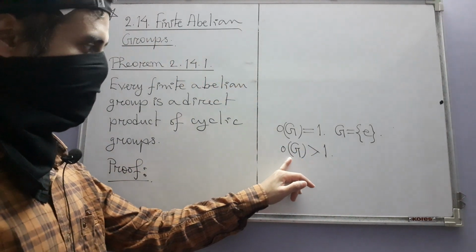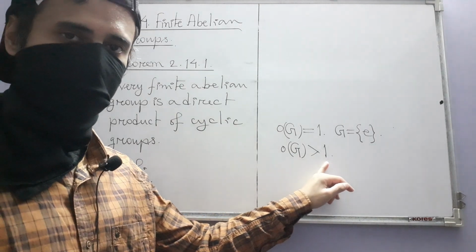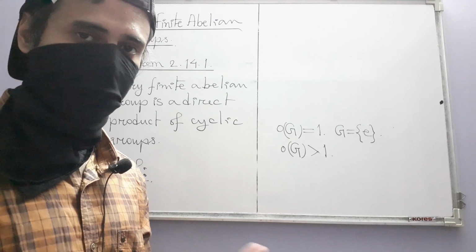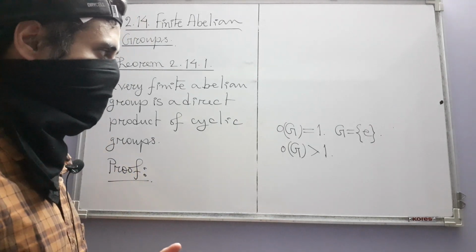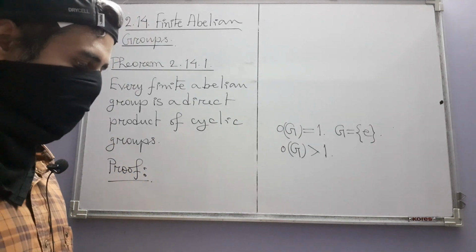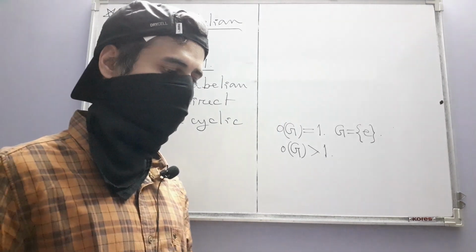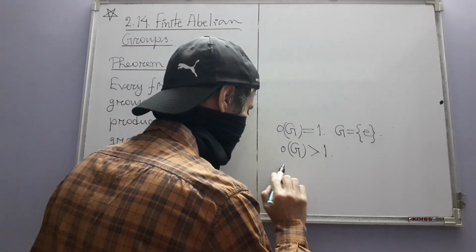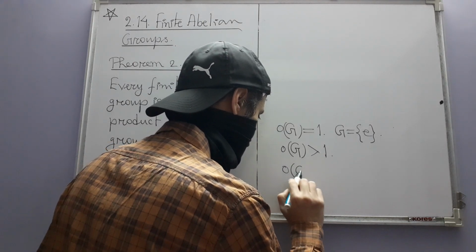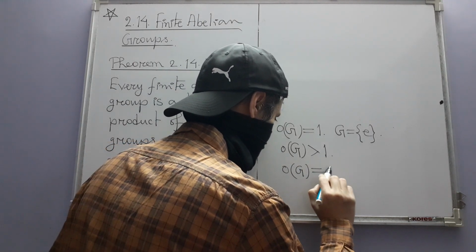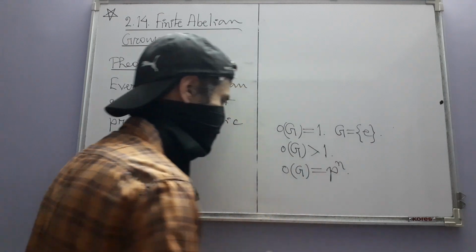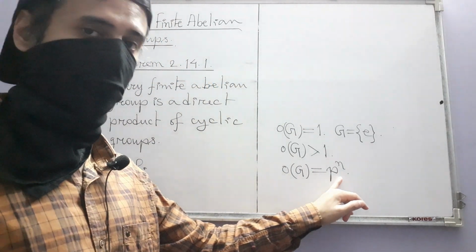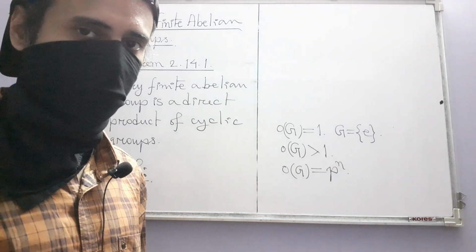Now, being a positive integer greater than 1, by the fundamental theorem of arithmetic, this has its own prime factorization. However, because of exercise 5 from section 213, it's enough if we consider only the case where the order is a power of a single prime.